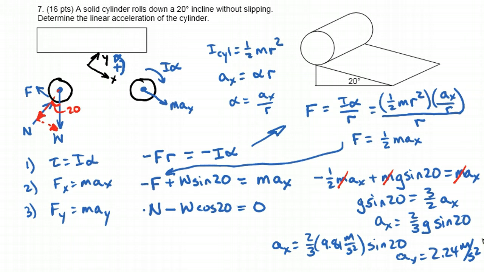If you use g in feet per second squared, that's 32.2 feet per second squared, that's fine. We didn't specify units. That answer would be 7.34 feet per second squared.